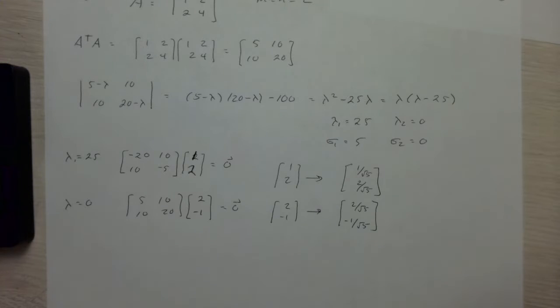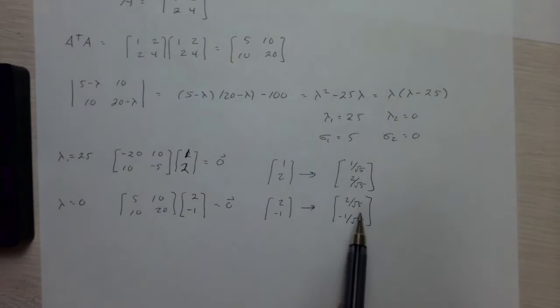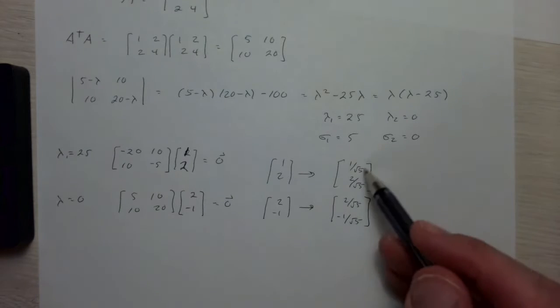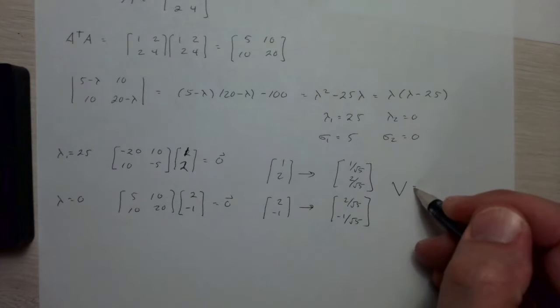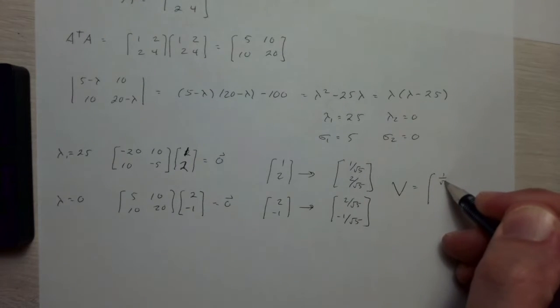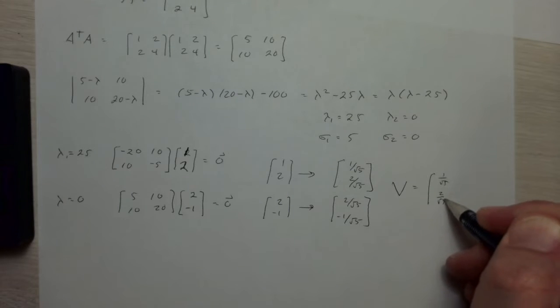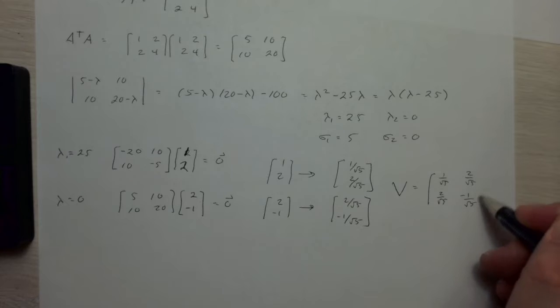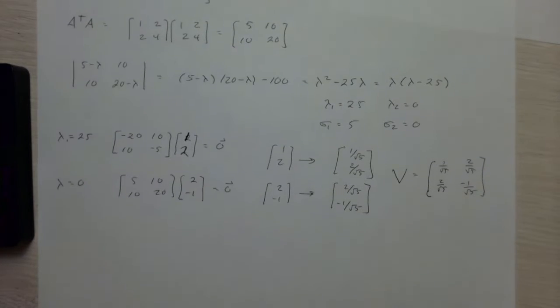So we get 2 over square root 5, negative 1 over square root 5. And then we take these, and those are the columns of V. So we have 1 over square root 5, 2 over square root 5, 2 over square root 5, negative 1 over square root 5. Okay, so that's V.